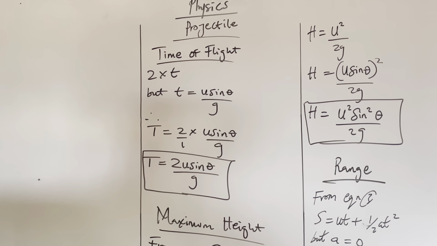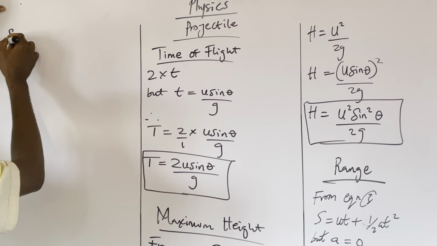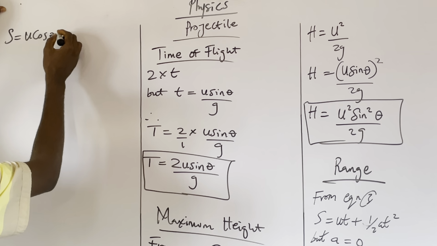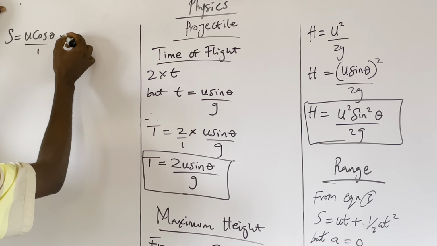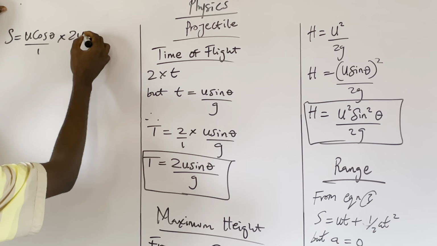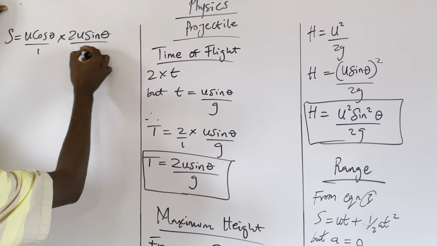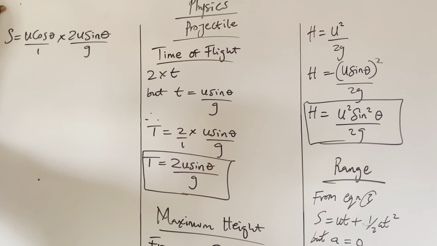So let me repeat what I have there over here. I had s is equal to u cos theta over 1 times 2u sin theta over g. Did you get the point now?